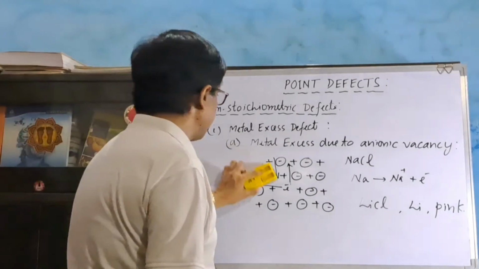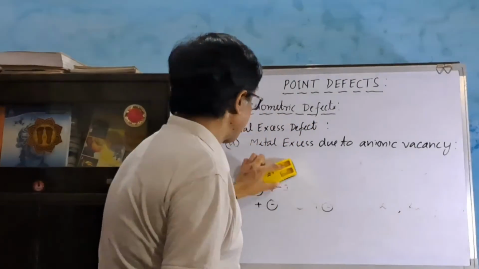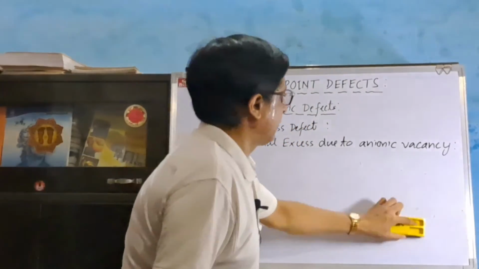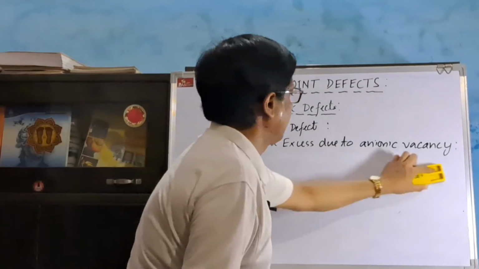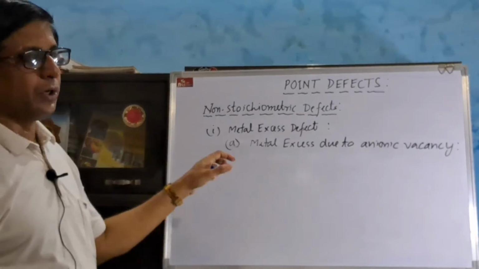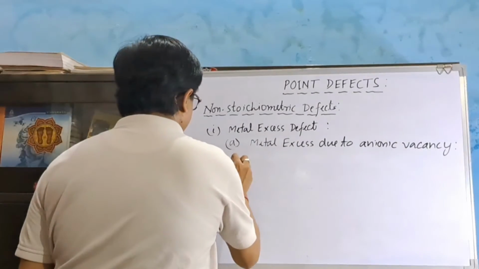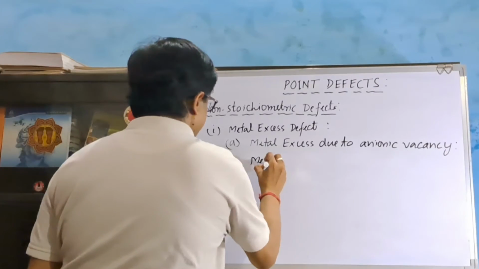Similarly, the metal excess defect can also be due to the interstitial position of metal ions and electrons.